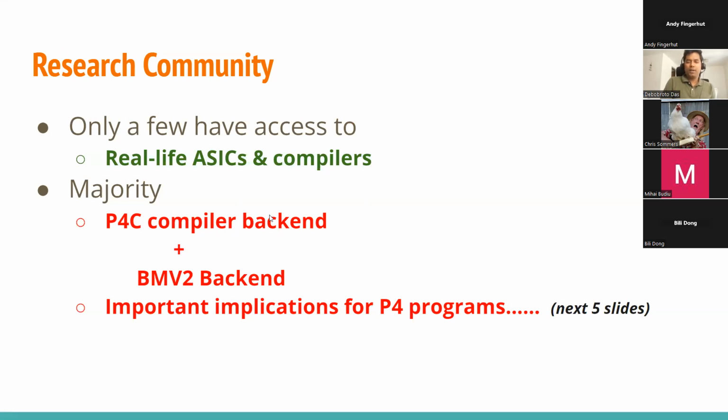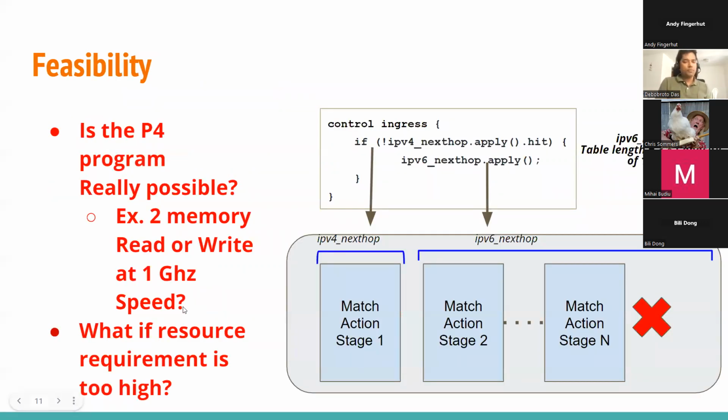Sorry, I should have written frontend, my bad. And they run that compiled program on the BMV2 backend. The limitation of this P4C and BMV2 composition is the main driving goal behind my research.